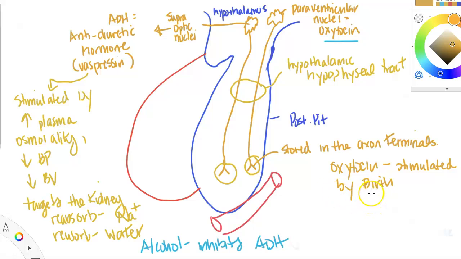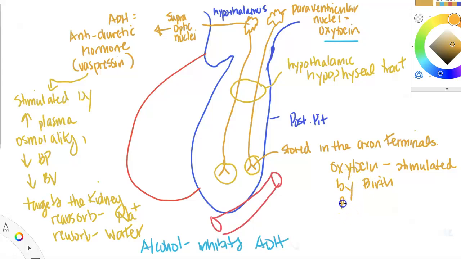It is also stimulated by suckling, and it has a role in ejaculation.